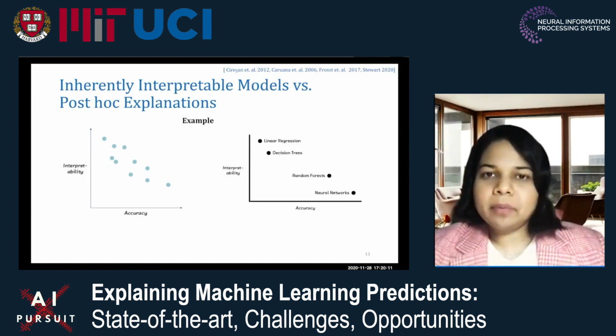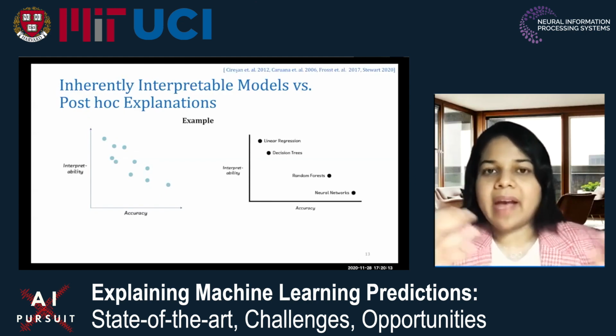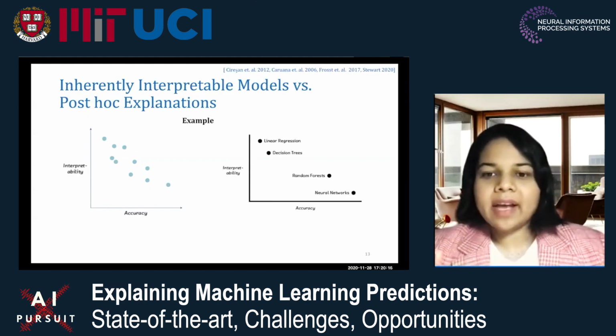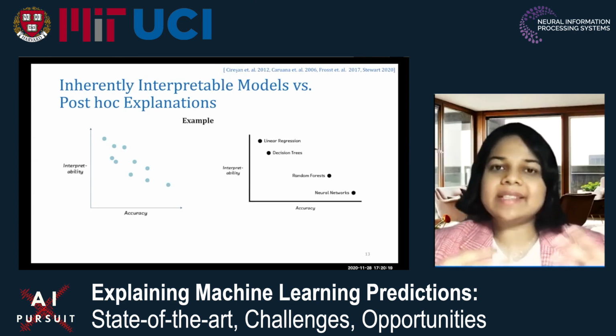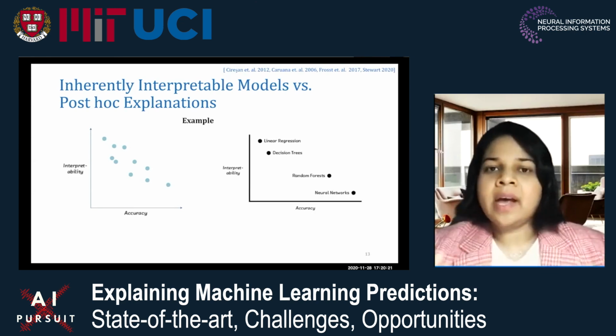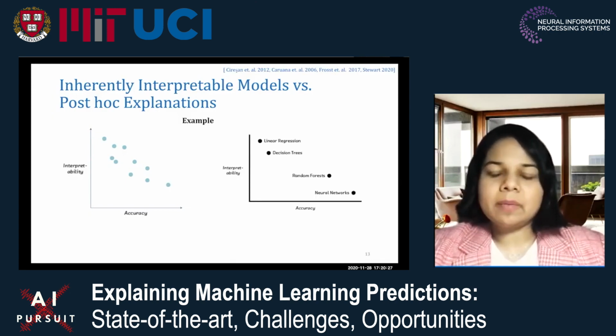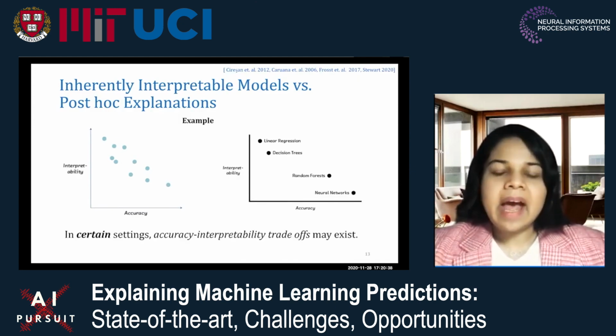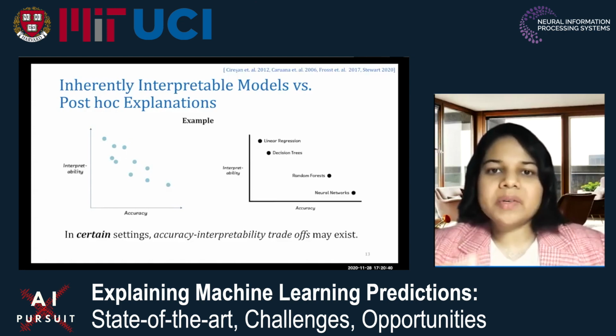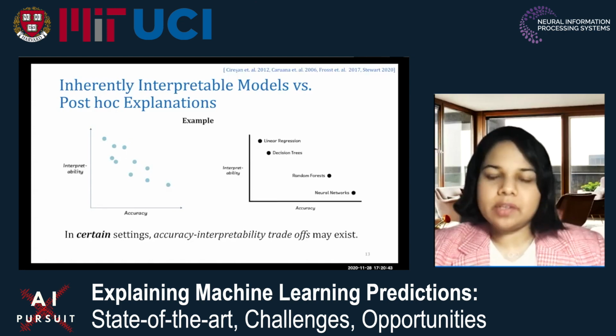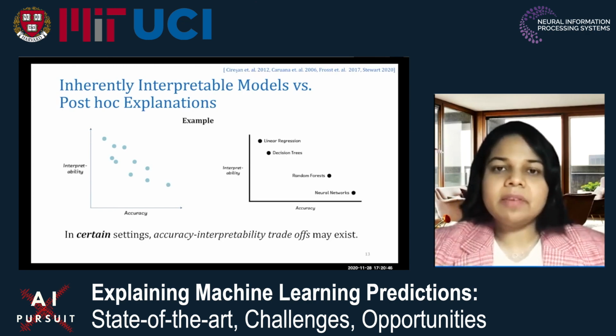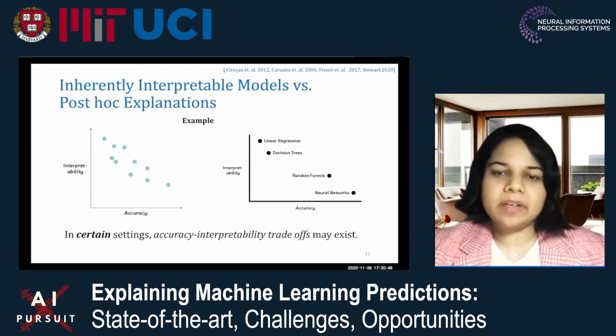When we were using linear regression or decision trees, maybe accuracy is taking a hit. On the other hand, when we use more complex models like random forests or deep neural networks, our predictive accuracies are improving. These patterns are commonly observed in certain settings, especially in things like image recognition and so on. So there are certain settings where these trade-offs exist, and in those cases, we might not want to sacrifice accuracy for the sake of interpretability. And in such cases, we may want to rely upon post hoc explanations.